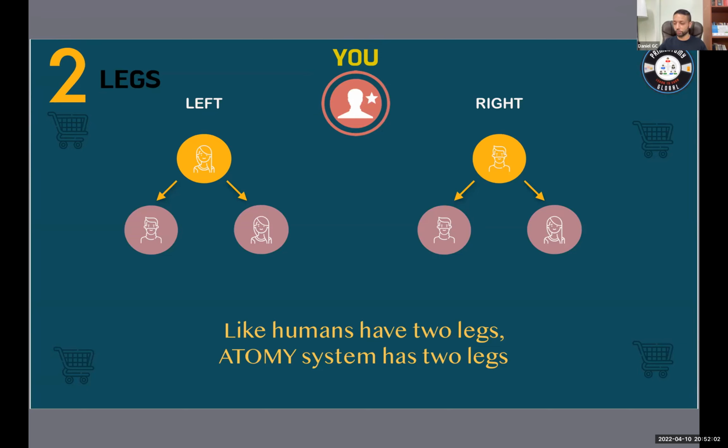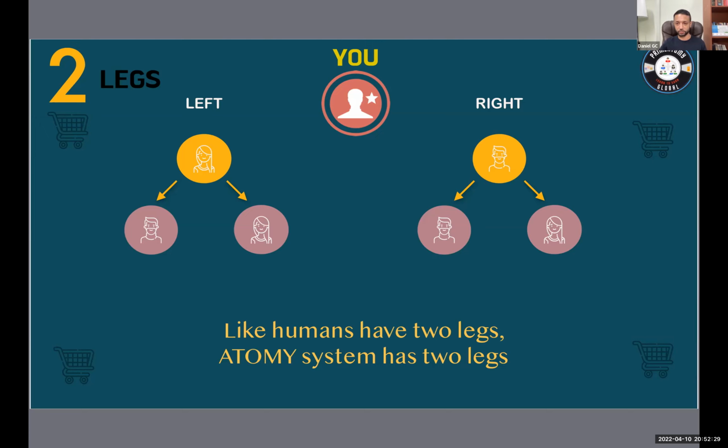We cannot have a third leg in a binary system, and I'll try to explain in a little more detail what we need to do if there is a third person, especially for those of us who are just starting the business. This has been one of the common questions I keep getting from my downline: now I have a left and a right leg, and there is a third person.